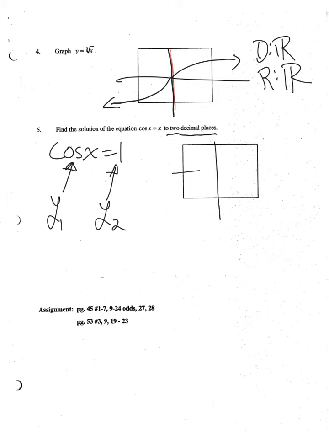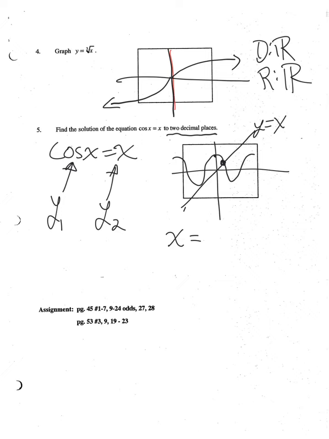You're going to see your cos graph doing this, and then you're graphing the line y equals x, and then you need to see where they intersect.